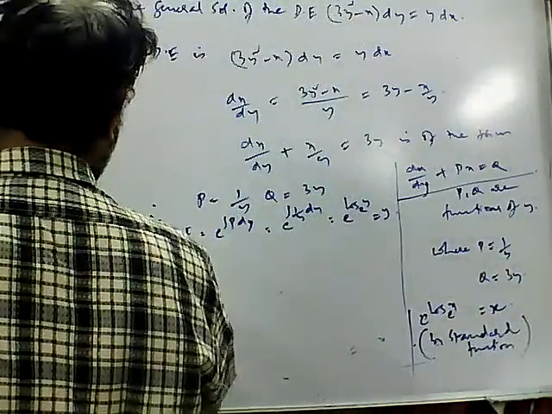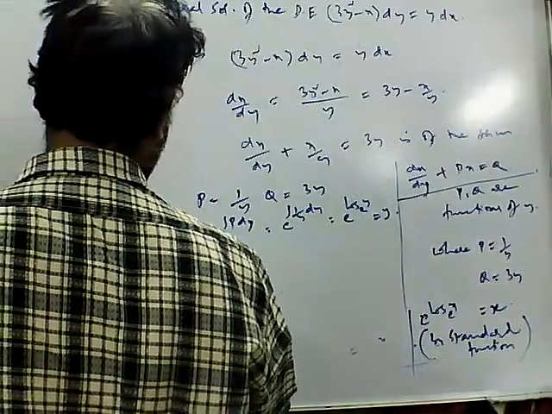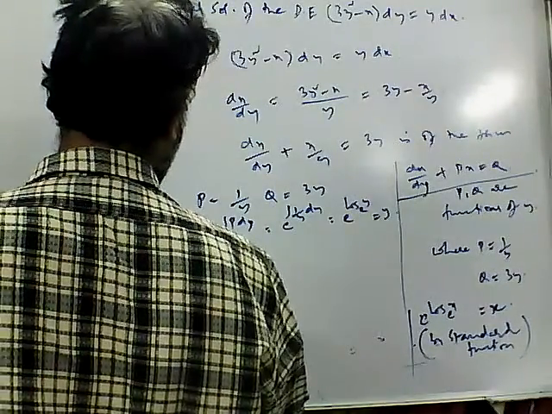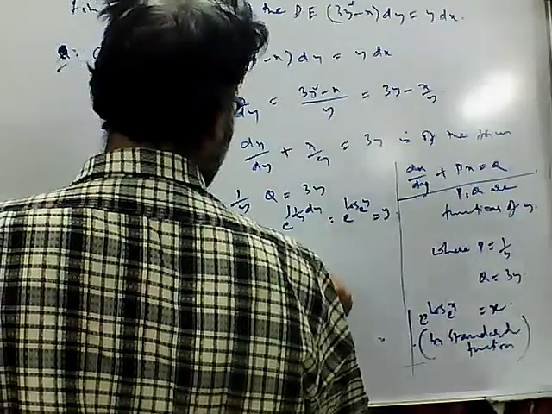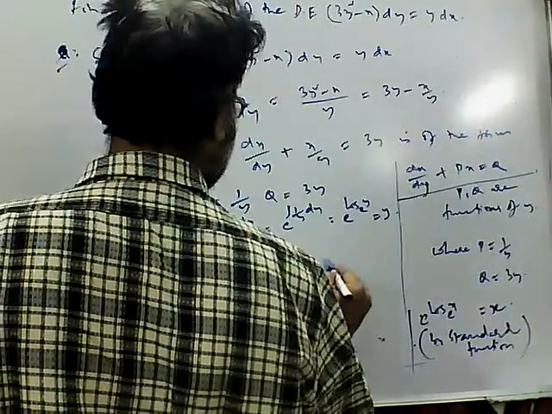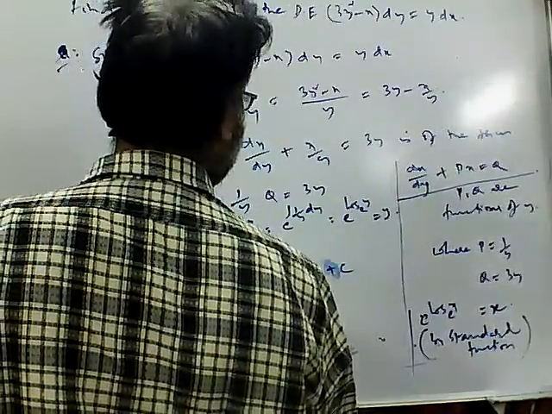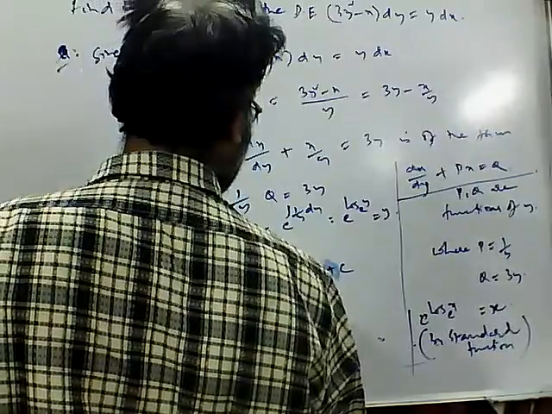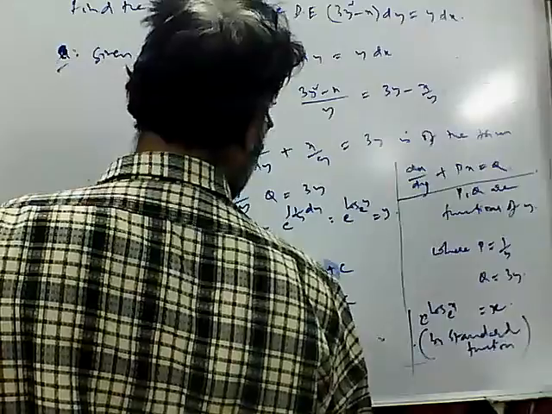Therefore, the solution is x into IF is equal to integral Q into IF dy plus c. x into y is equal to integral of 3y into y dy plus c, which is equal to y cube.